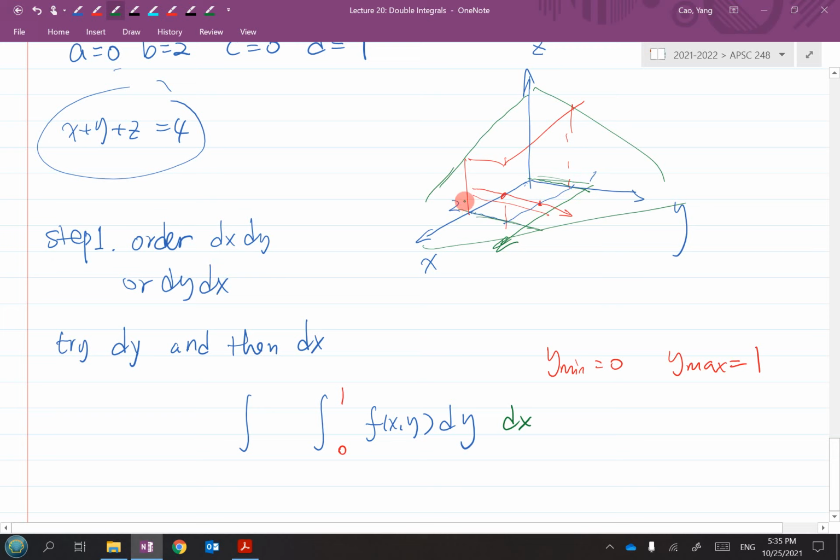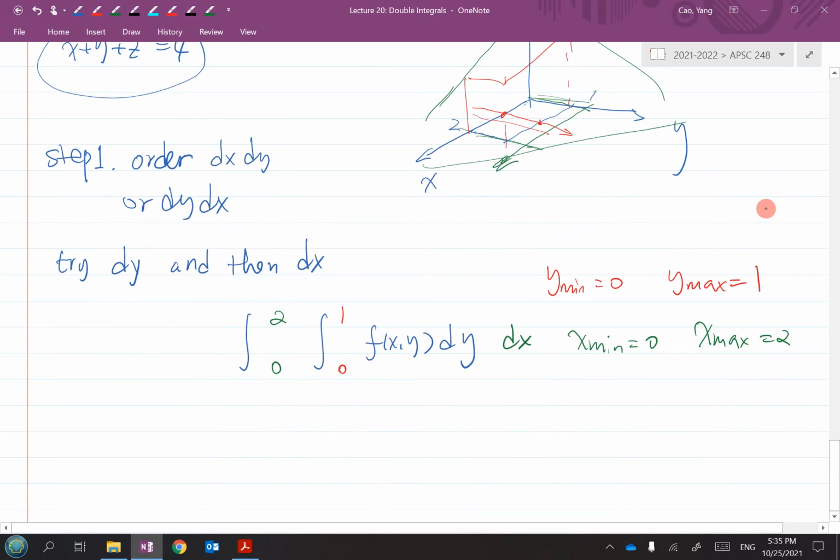So x min is 0 and x max is 2, so 0 to 2. Once you find the limits of the integrals, the rest of the work should be relatively easy. So let's plug in the function f: 4 minus x minus y, dy here, and dx.